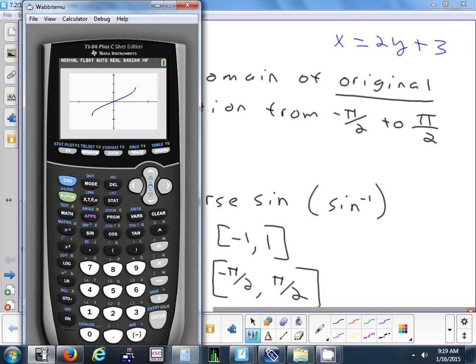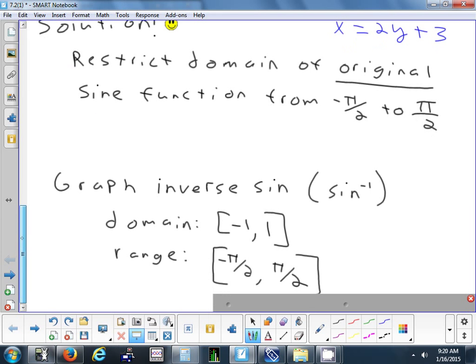That's why I use brackets. How is it continuous if it stays in that? Well, it's continuous from that point to that point over its domain. I'd never have to pick my pencil up to draw that. Okay, so that's inverse sine.